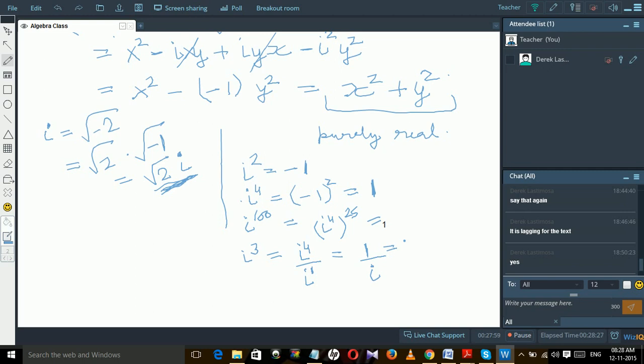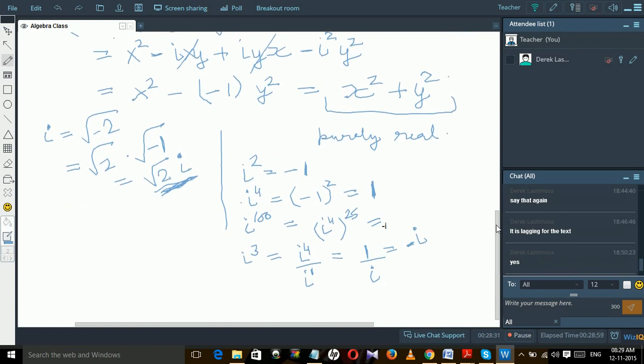So this comes out to be, no, i with a negative sign, because it is the reciprocal of i. Okay, very good. Yes, reciprocal of i.